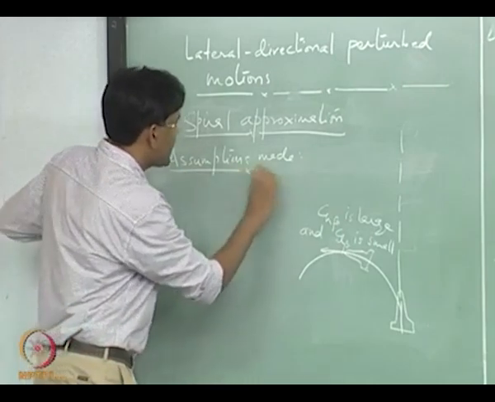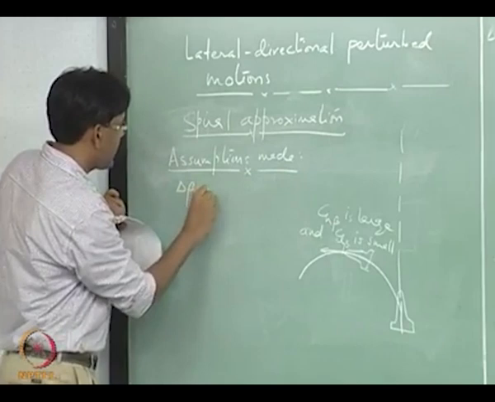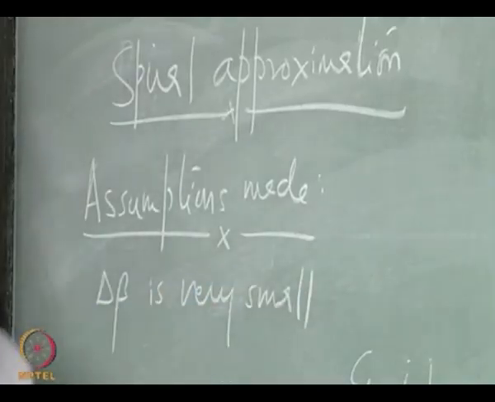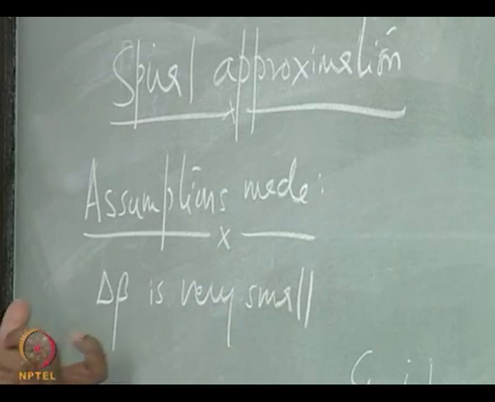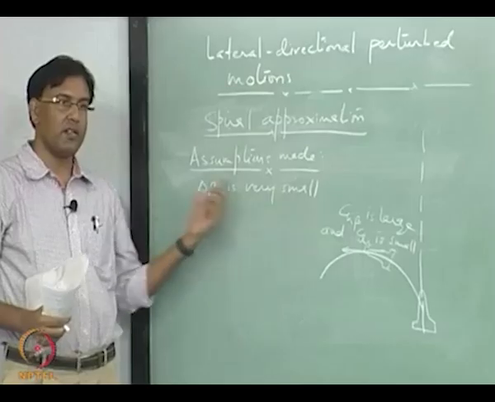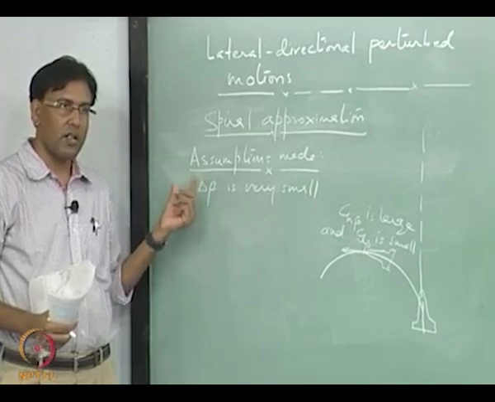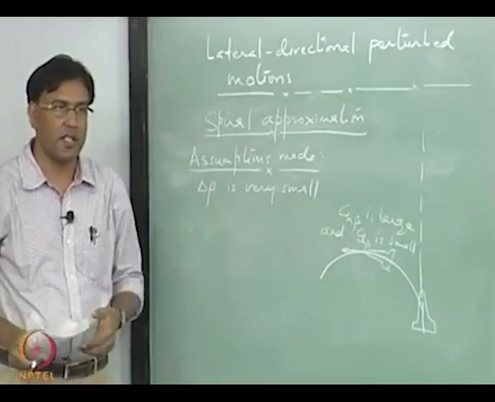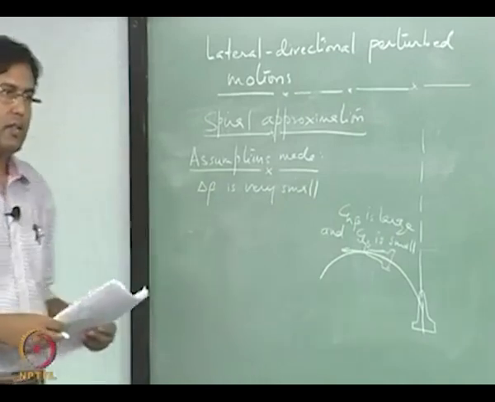So, the assumption made here is that delta beta is very small, even though this is the main reason why we are getting this motion. This is a small quantity because it is getting killed due to this large stiffness in yaw, right.